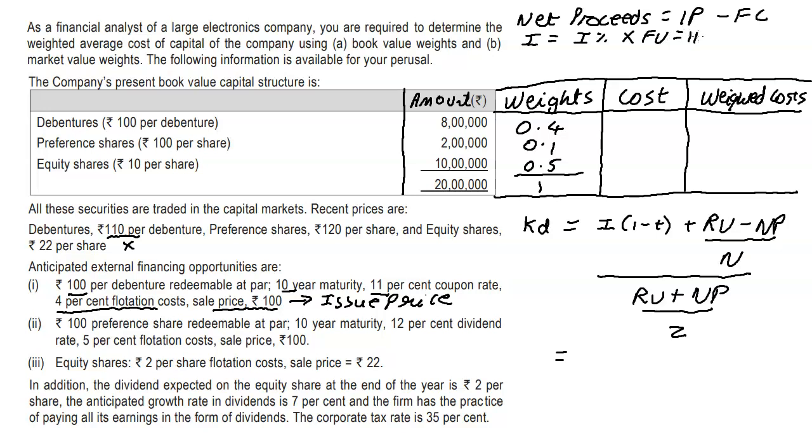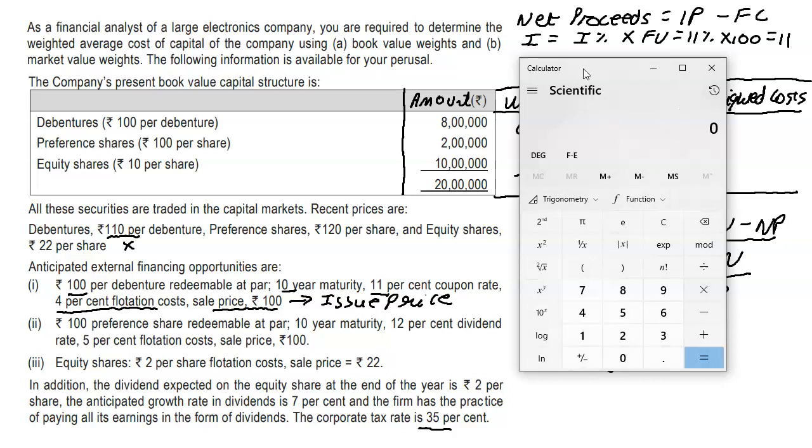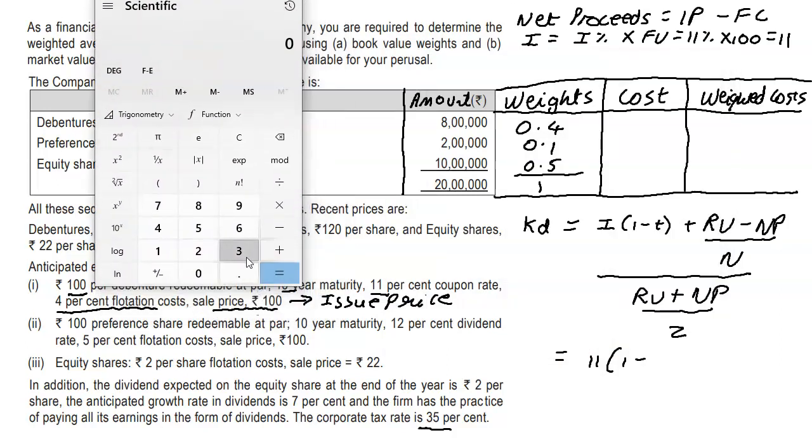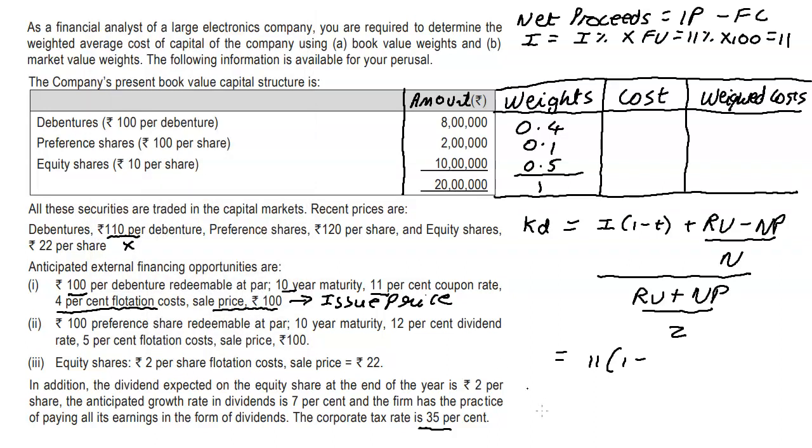So in our case, it is 11% into 100, which gives me 11. So I'm going to write down 11 over here. Open bracket, 1 minus the tax rate. Tax rate is 35%. 35% means 35 upon 100, which gives me 0.35.